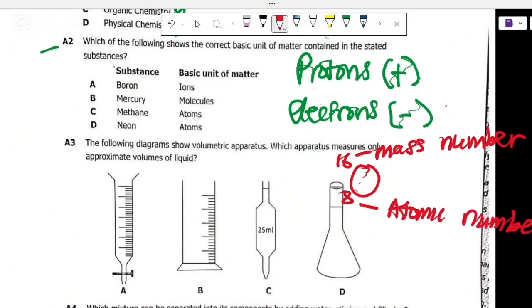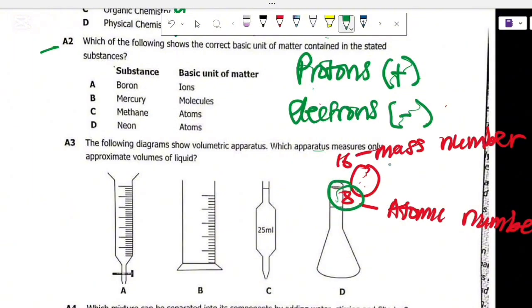Now, what it means is the atomic number is the number of protons in an atom. So when you are looking at an atom, you calculate the number of protons. That is your atomic number. So for example, since this is oxygen here, and we have 8 here, it shows that the number of protons inside an atom of oxygen is actually 8, because that's the atomic number.